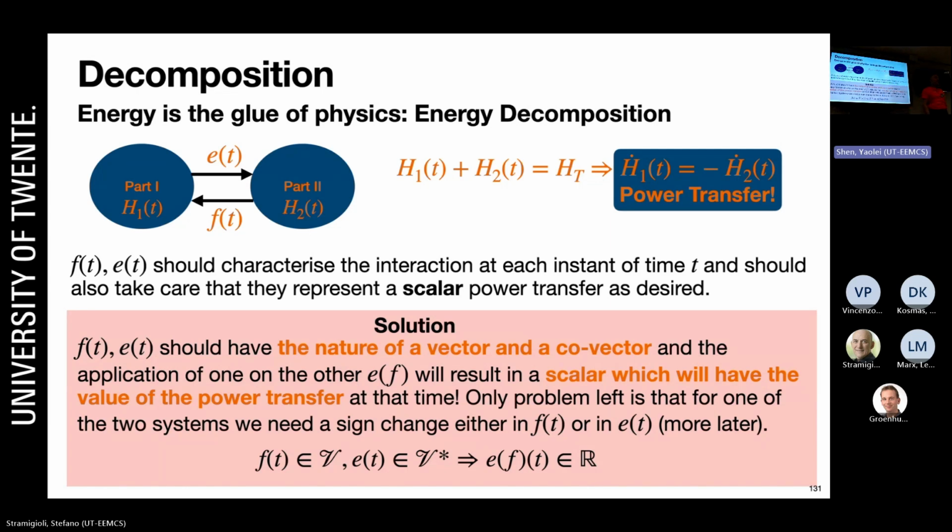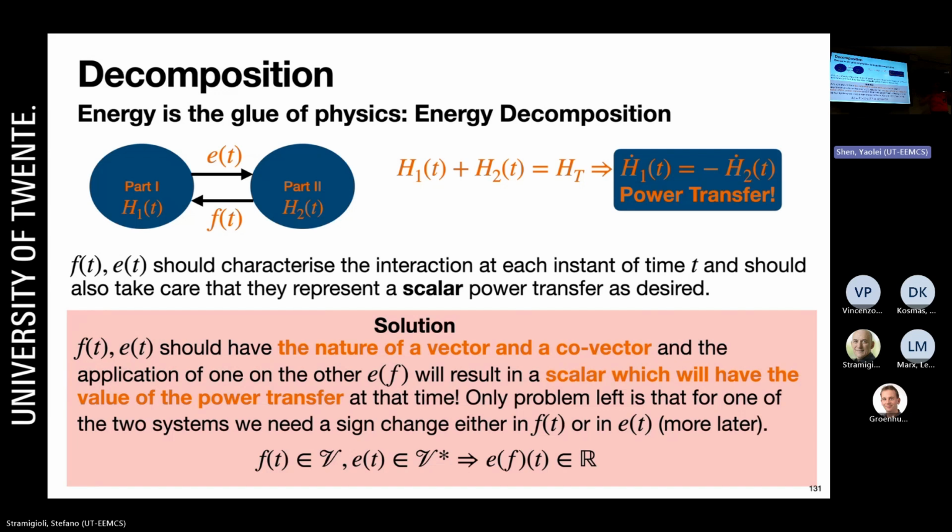I describe the power. We have learned in linear algebra that if you have one element belonging to a vector space and the other element belonging to the dual of the vector space, there is a natural way in which these two objects can be paired, and the real number that comes out could represent in your modeling the power transfer.